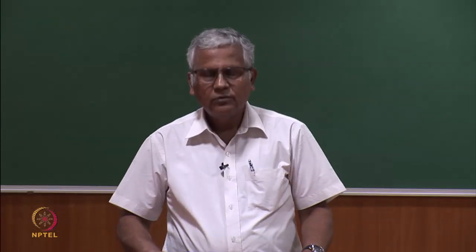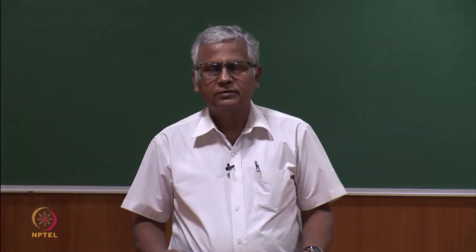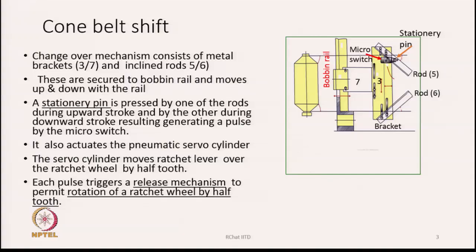Now, first of all, we are going to discuss the cone belt shift mechanism. If you look at the diagram on the right hand side, you will see that there are two brackets, bracket 7 and bracket 3.